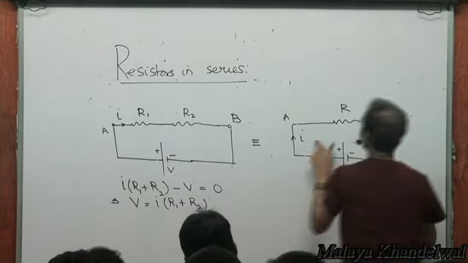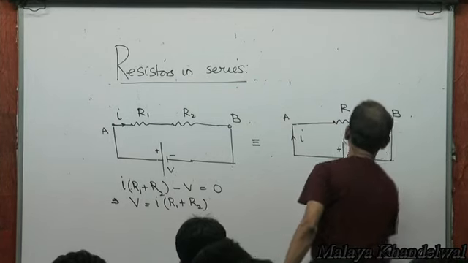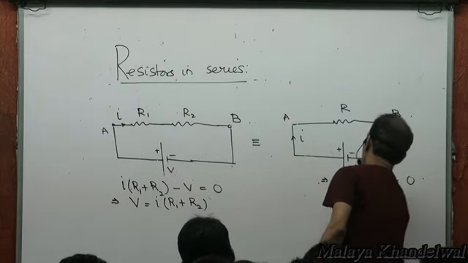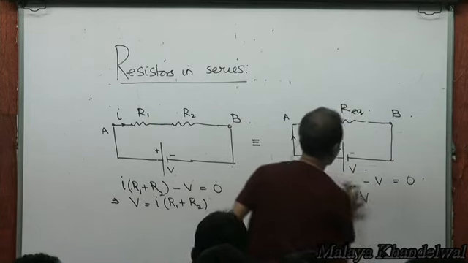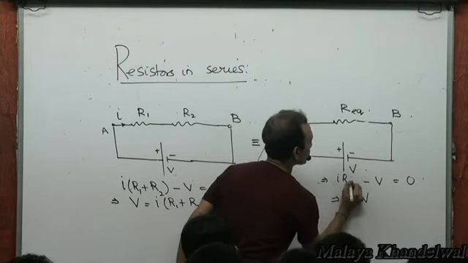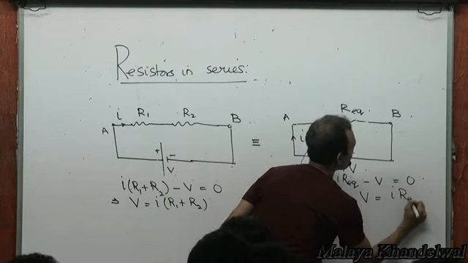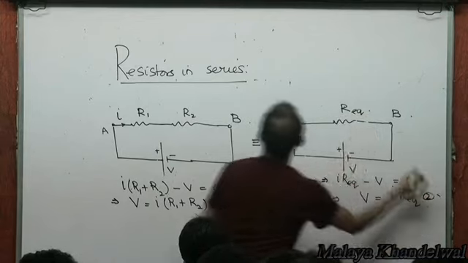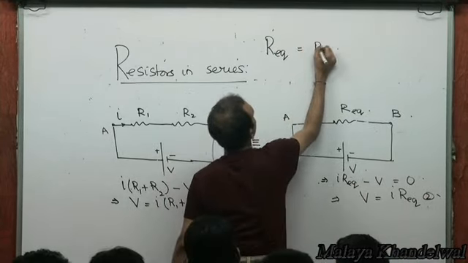Now if I apply KVL to this loop, then this will give me I into R, drop across this, minus V equal to 0. So V then turns out to be I R equivalent. Then on comparing these two equations, you clearly find that R equivalent is R1 plus R2.